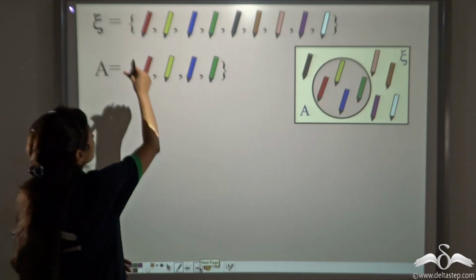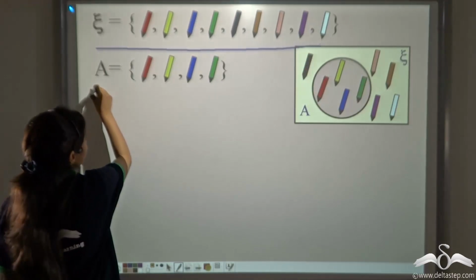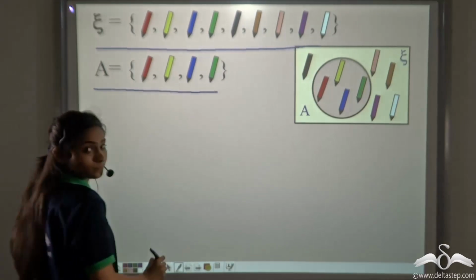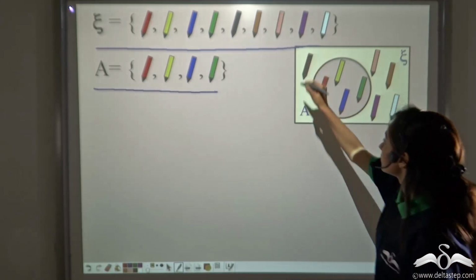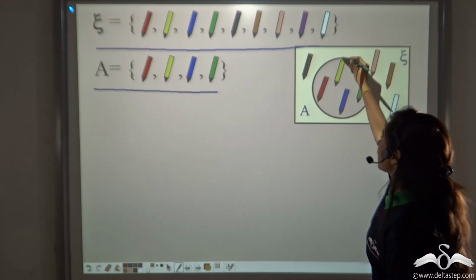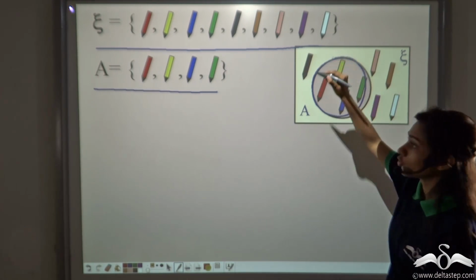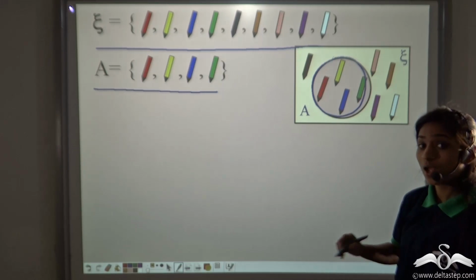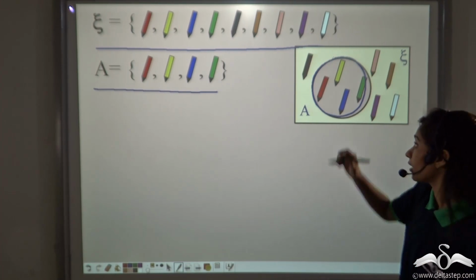Look at this. This was the set of crayons you have. Now this is the crayons you take to school. How will you represent it in a Venn diagram? This is the whole set of crayons you are having. Now this is a set of crayons you take to school. Now which is the set of crayons you are not taking to school? That is, you are keeping at home.